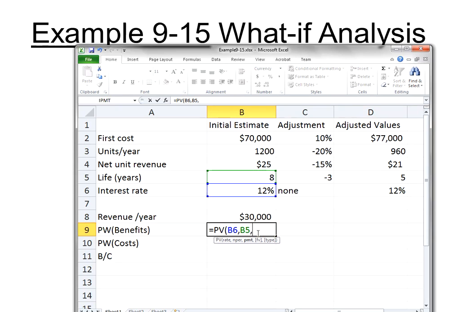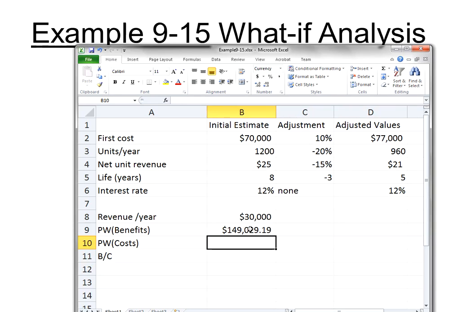Then I'm going to choose a payment. Payment is the annual amount. So what is my benefit in terms of present worth? This is my revenue per year, this 30,000. Keep in mind that for PV, the payment is given with a minus sign. So I'm going to type minus and then select this. And this gives me this much in terms of benefit.